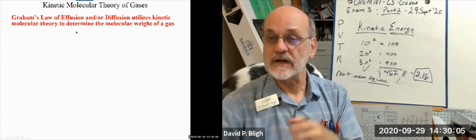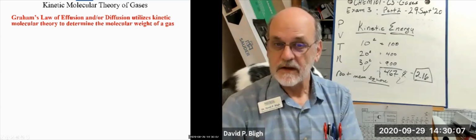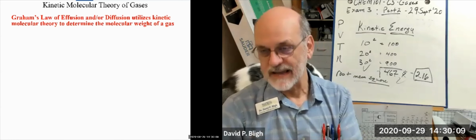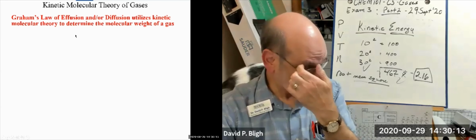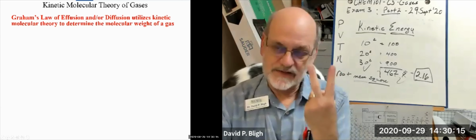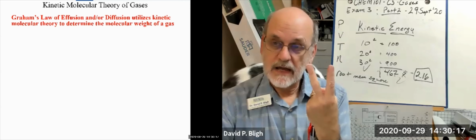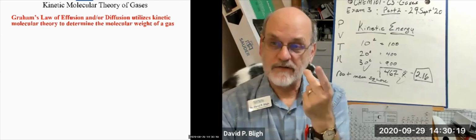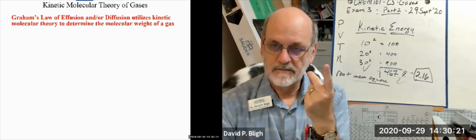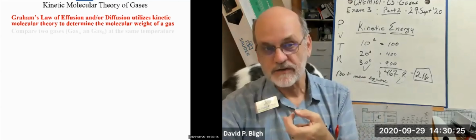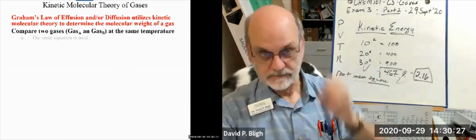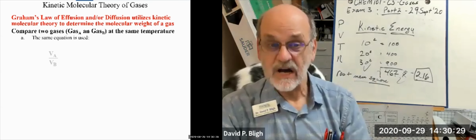It uses the kinetic molecular theory of gases to determine the molecular weight of a gas. So what do you need? Well, you need two gases, and you need to know the molecular weight of one of them. So we're ratioing one against the other, and that's what this expression becomes.